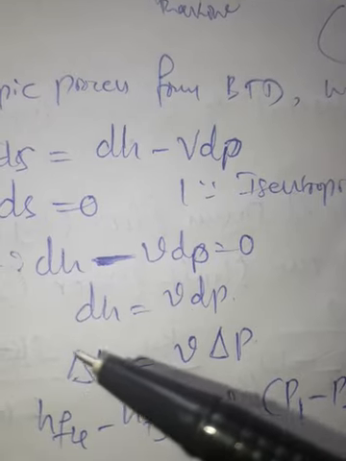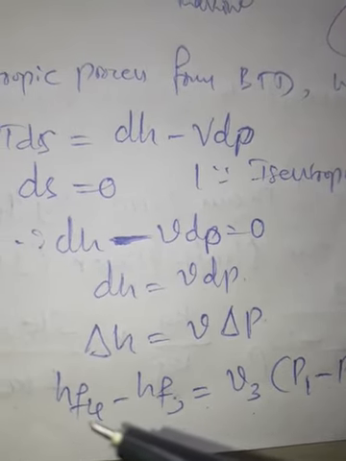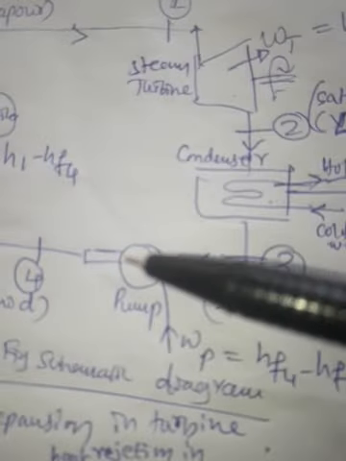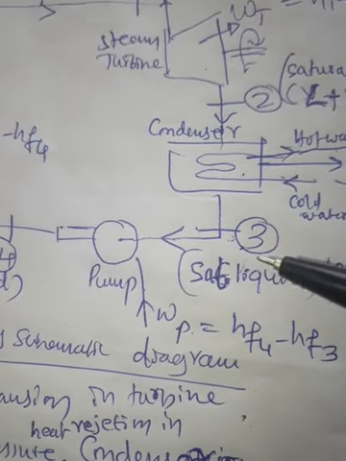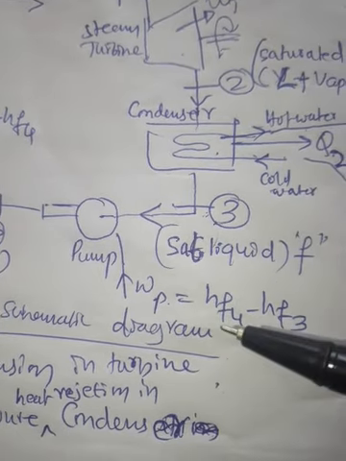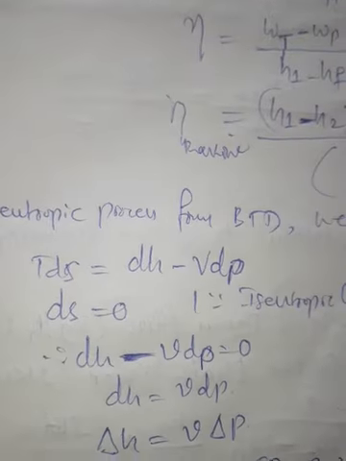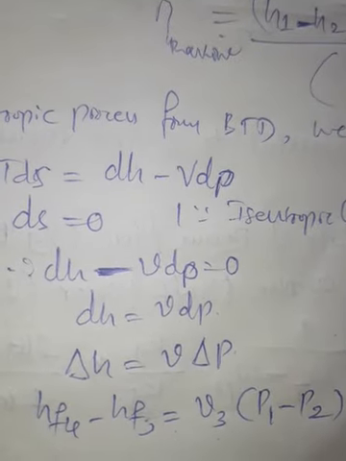Delta H is change in enthalpy across the pump. Change in enthalpy across the pump was here output enthalpy HF4 minus inlet enthalpy HF3. So we substitute the same expression for HF4 minus HF3.